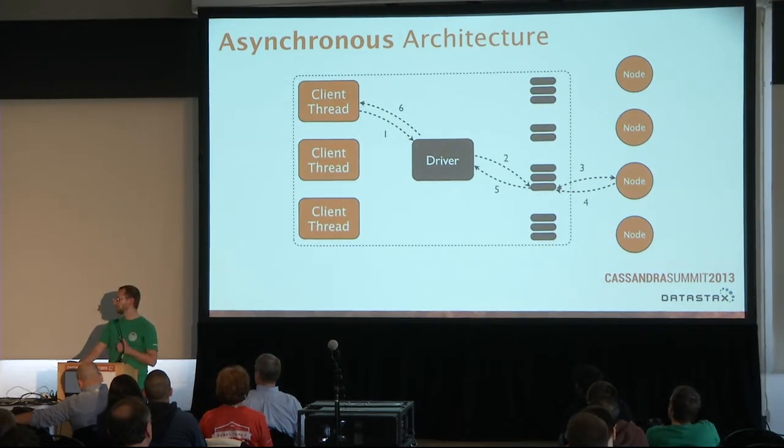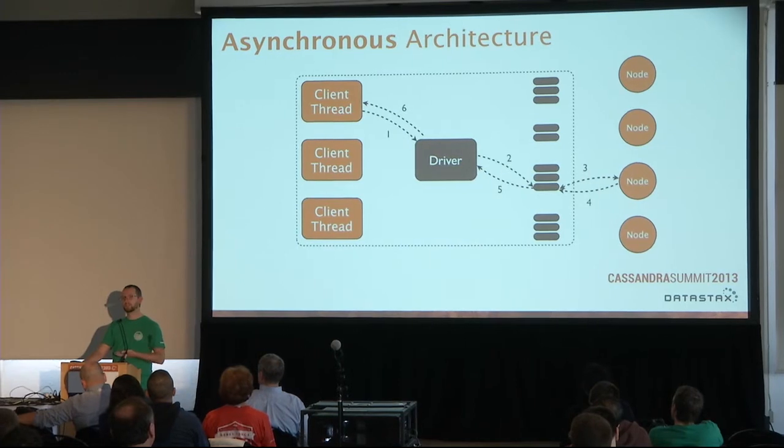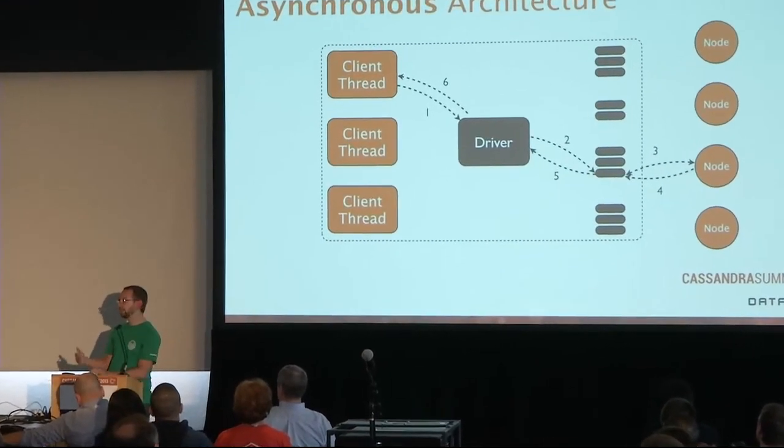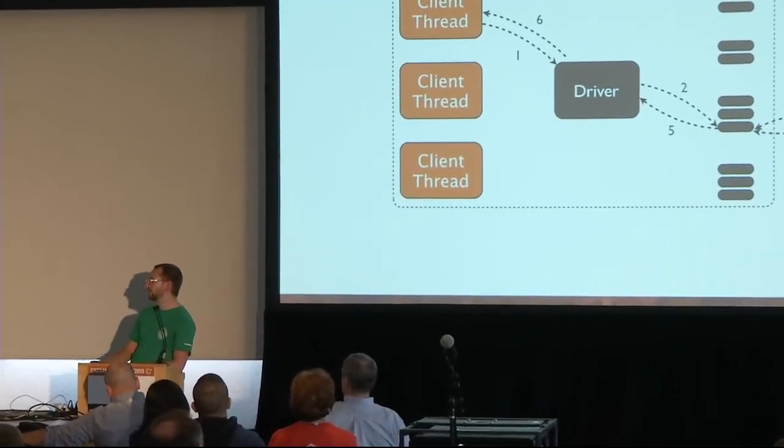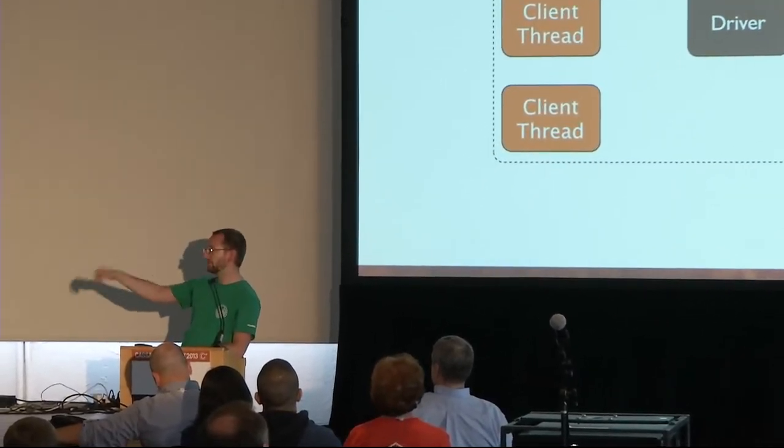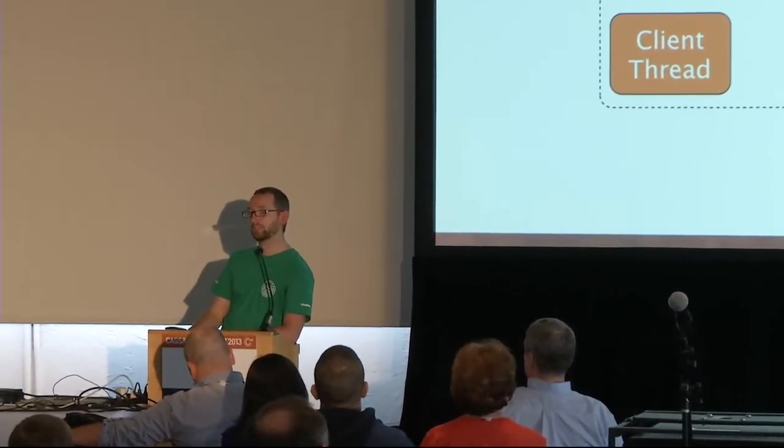The driver will, through its load balancing strategy and its internal logic, pick a node and then pick a connection on which to push this request. The node will receive it, and will eventually answer this request. The driver will receive this response and will then dispatch it to the client thread.